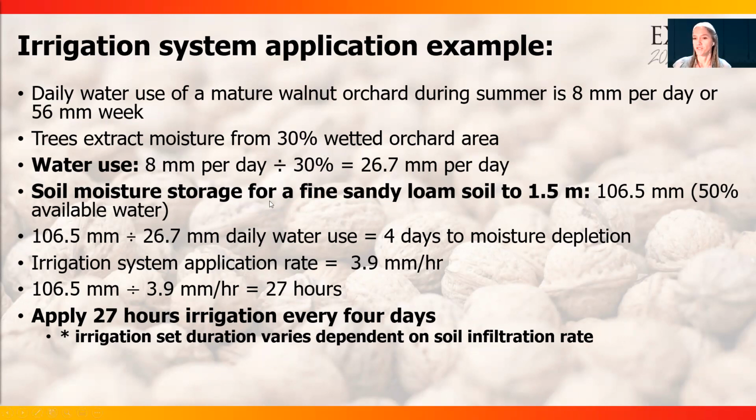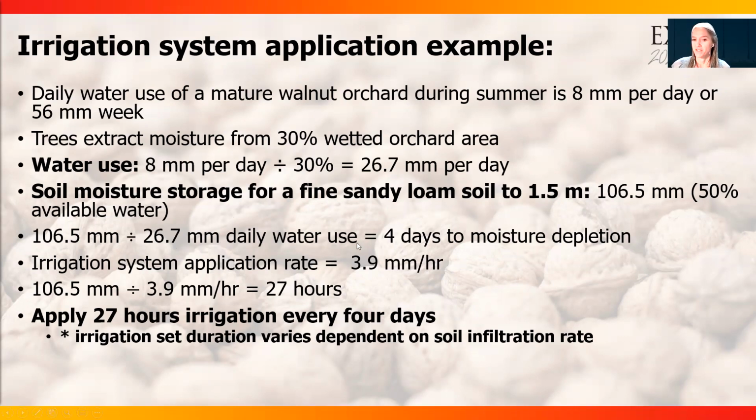If our soil moisture storage for a fine sandy loam to 1.5 meters is 106.5 millimeters, 106.5 millimeters divided by the daily water use tells us that there's only going to be 4 days to that management allowed depletion level of moisture.